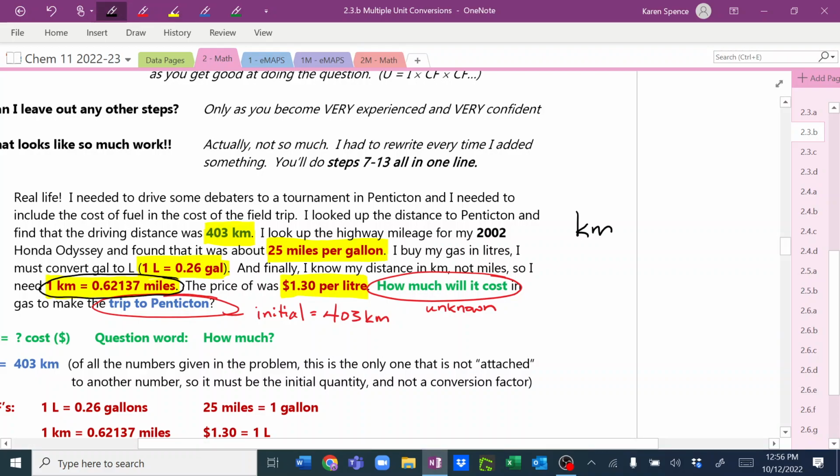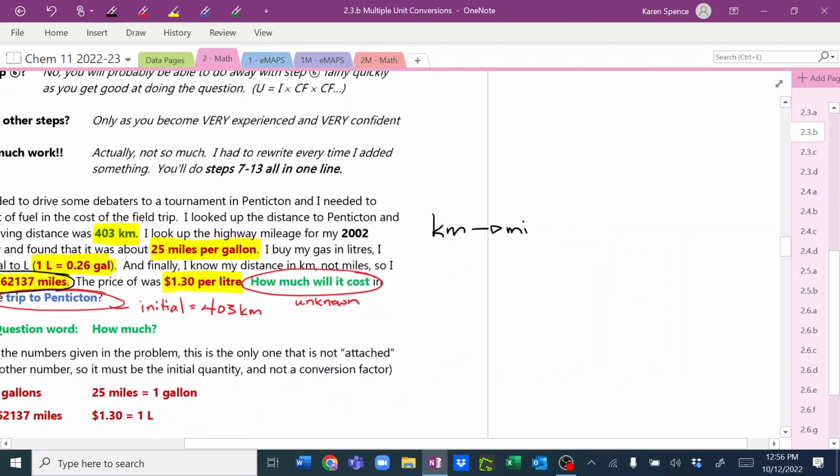I have a conversion between those. So I can convert from kilometers to miles. I'm going to just call that MI. Miles can go to gallons, right there. And gallons can go to liters. And then you go to the price.